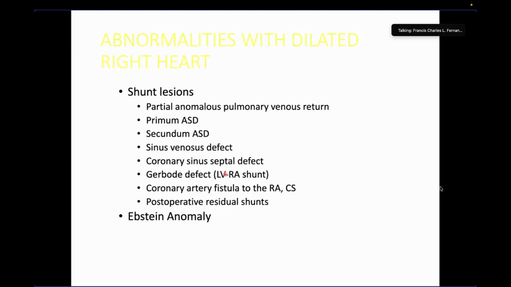From the LV, meron kang shunt going to the RA, known as the Gerbode defect. Or fistulas from the coronary artery going to the right atrium or the coronary sinus, so the backside of the heart. Sometimes, pag naoperahan, you might have some residual shunts still. And as mentioned earlier, the Ebstein's anomaly, where the tricuspid valve insertion annuli are lower into the right ventricle. Okay? Yes.